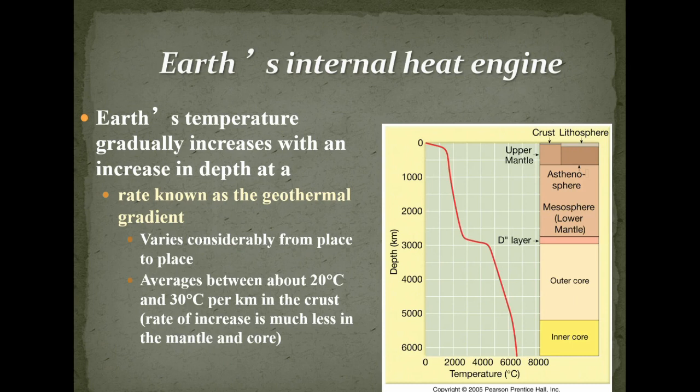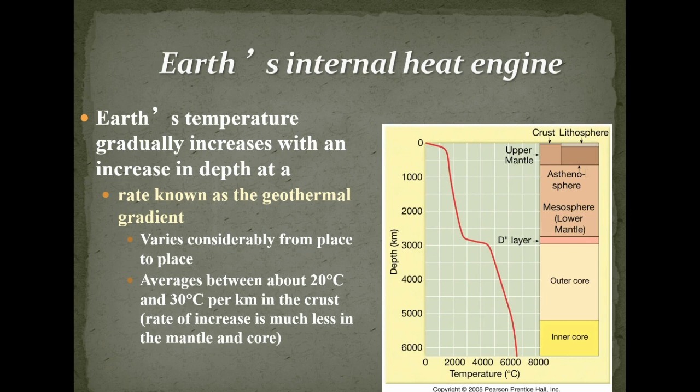And so, as I've referred to, the temperature of the Earth increases as you get closer to the center, and this increase of temperature is known as the geothermal gradient. So it does change depending on where you are on the surface of the Earth, so it doesn't change the same everywhere.